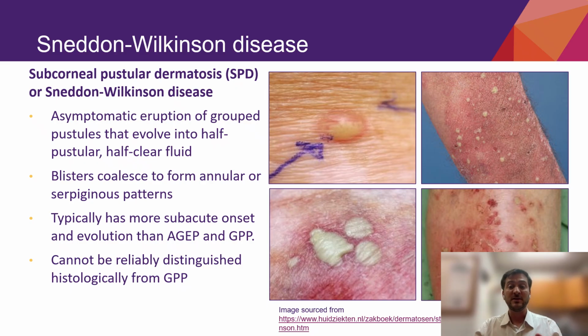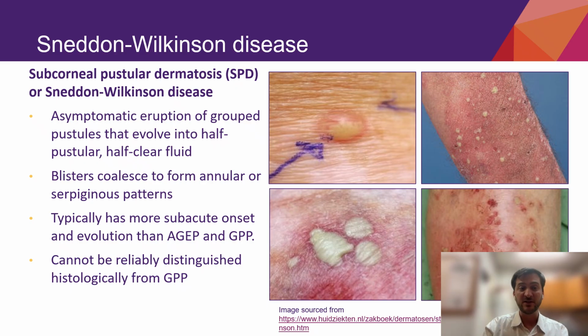Well, the disease tends to be less inflammatory and less symptomatic than GPP. So here we have an asymptomatic eruption of grouped pustules that evolve into half pustular and half clear fluid, as we can see here. That's very suggestive of Sneddon-Wilkinson.